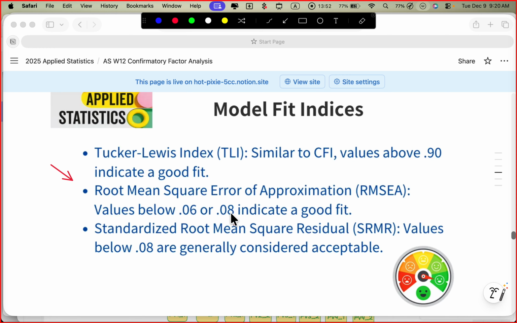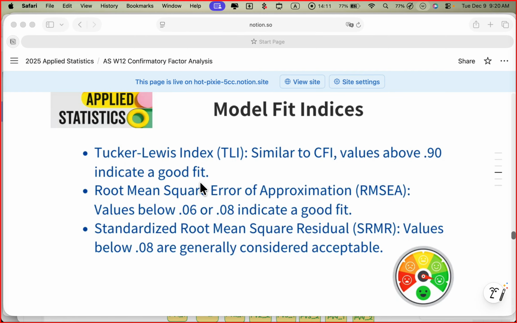And also the SRMR below 0.08. So we have different index standards. We have to use these standards to evaluate our model.